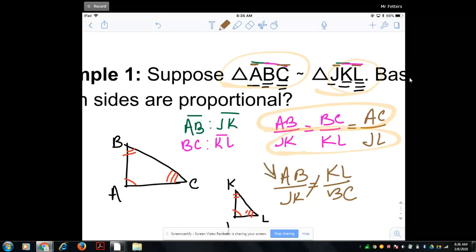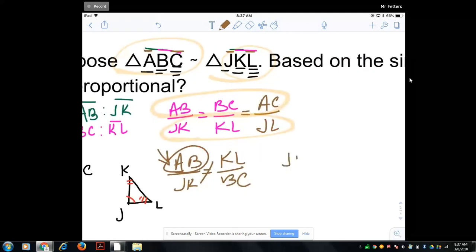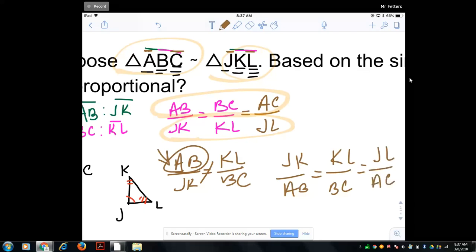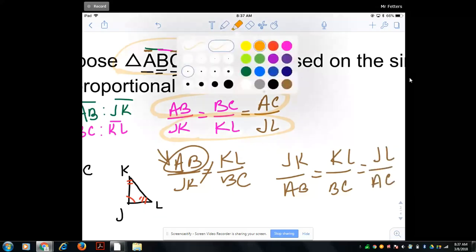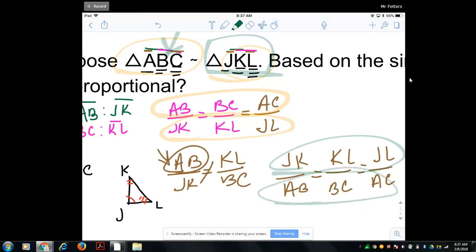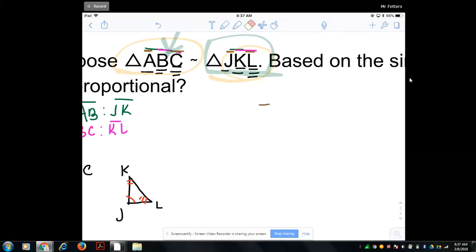This has the AB triangle first, and so it has to remain on the top. Now I could flip it over and say JK over AB, but then it would be KL over BC is equal to JL over AC. You have to keep the proportions the same in that regard. So like here, I have the JKL on the top all the time and the ABC on the bottom all the time, and that's fine, but I have to keep the order the same.